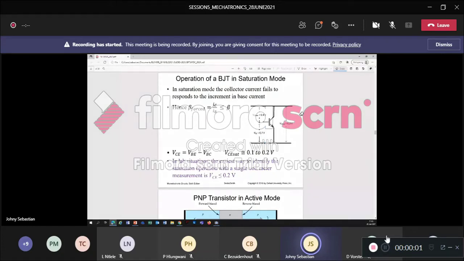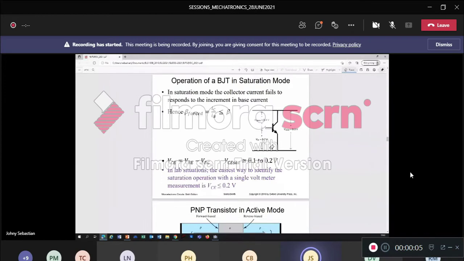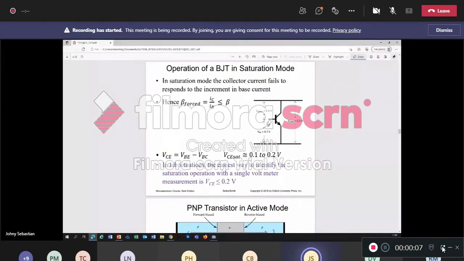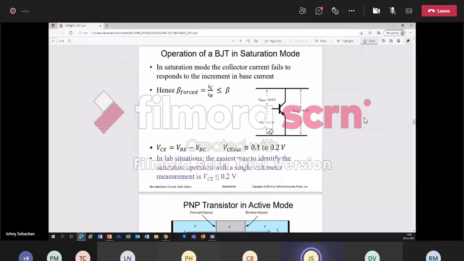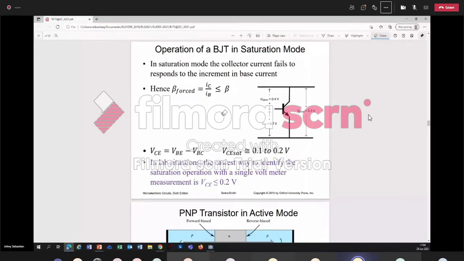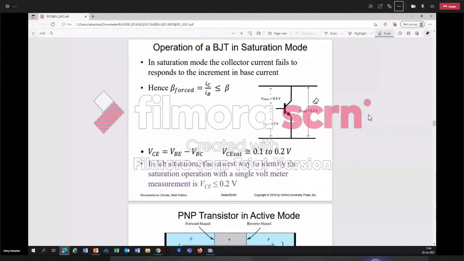Using this diagram, look: negative, positive, positive, negative. That is a series connection but opposing. So 0.7 minus 0.4, you will get 0.3 here.